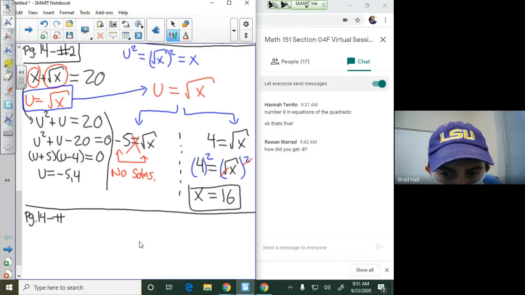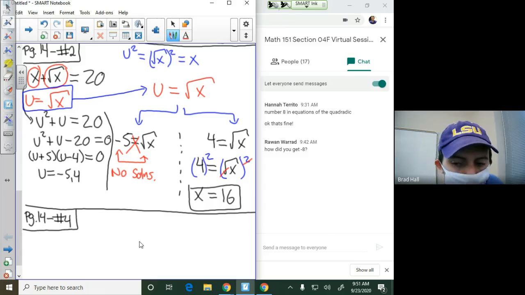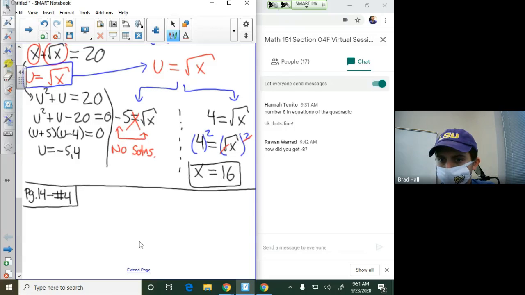So number 4. So this says 4x to the third is equal to 3x squared.